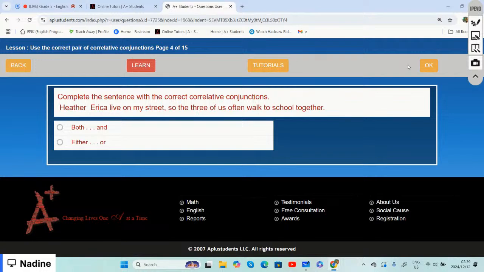The next one says, do we say both Heather and Erica live on my street, so the three of us often walk to school together? Or do we say either Heather or Erica live on my street, so the three of us often walk to school together? Which one is correct? Option one, both, or option two, either or?